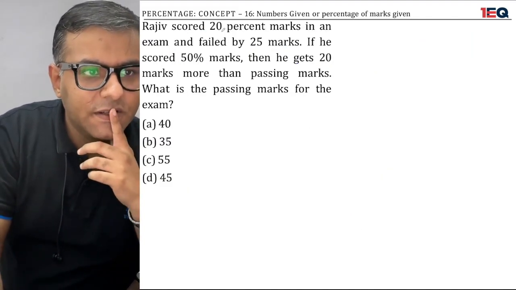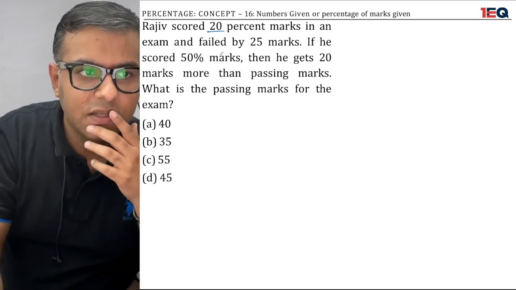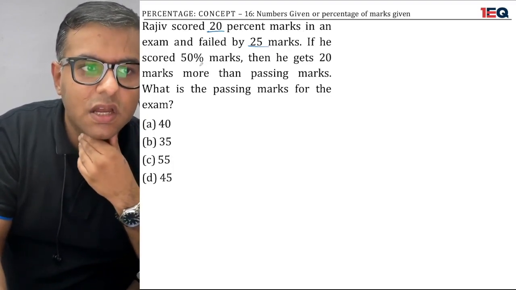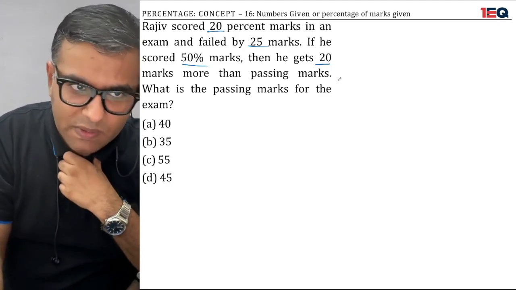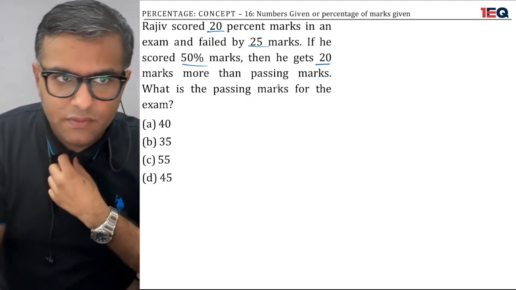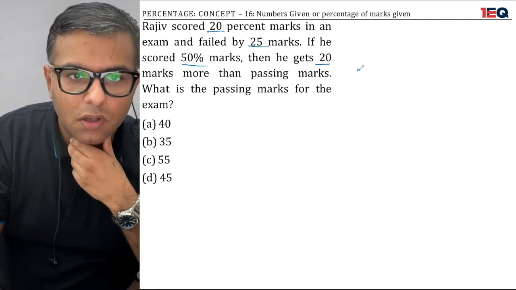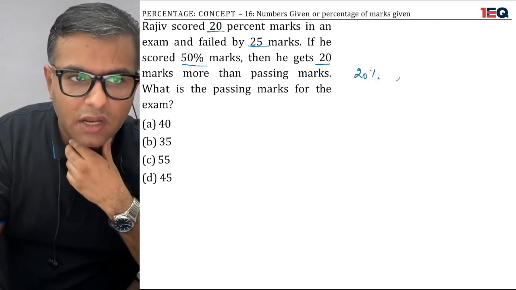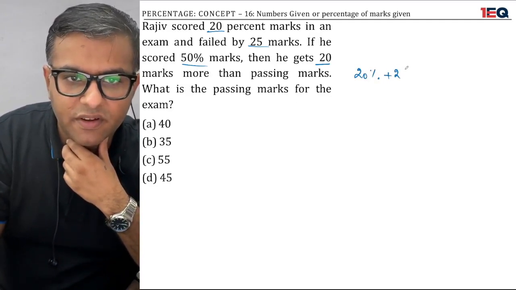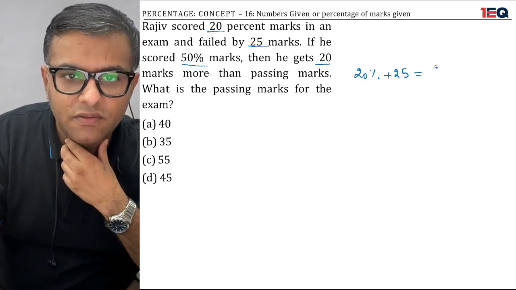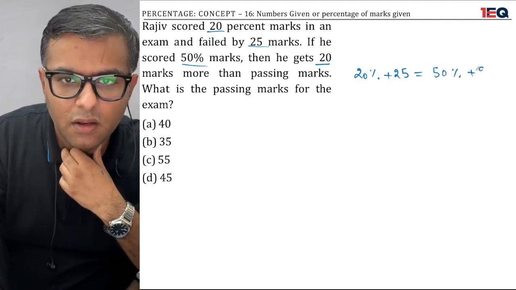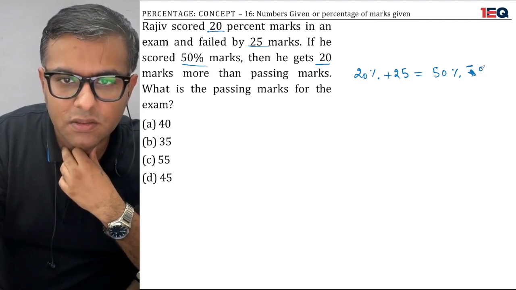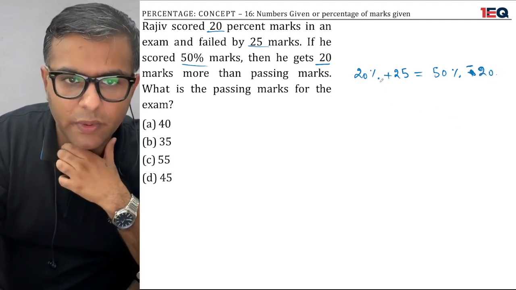The second question here is: Ravi scored 20% marks in an exam and failed by 25 marks. If he scored 50% marks, he gets 20 marks more than the passing marks. What is the passing marks for the exam? So 20% plus failing by 25 is equal to 50% minus overpassing by 20.